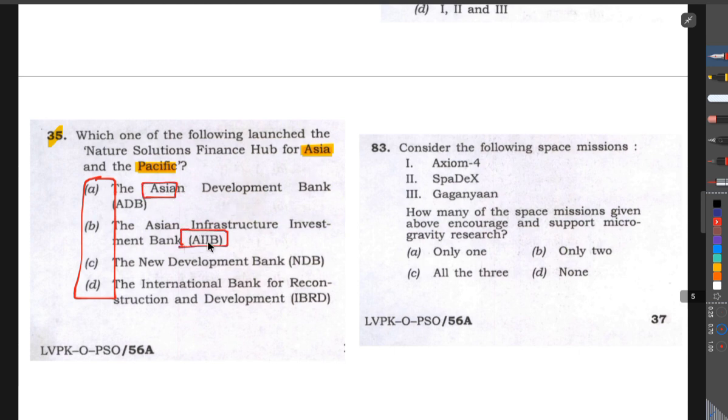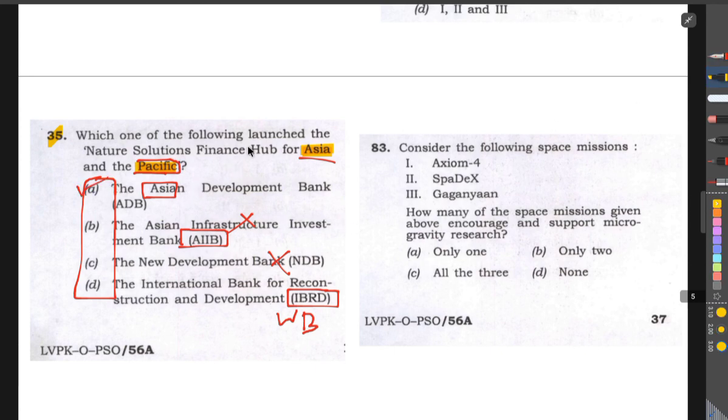AIIB majorly focuses on development alone, that's not the answer. New Development Bank is of BRICS, and IBRD is the World Bank's organization. But the Asian Development Bank has members exclusively from both Asia and the Pacific region, like Japan, USA, India, China, etc. So the answer has to be A.